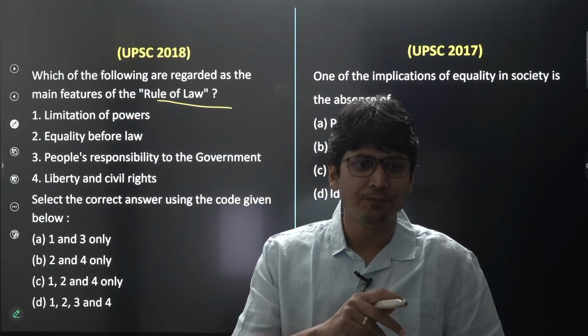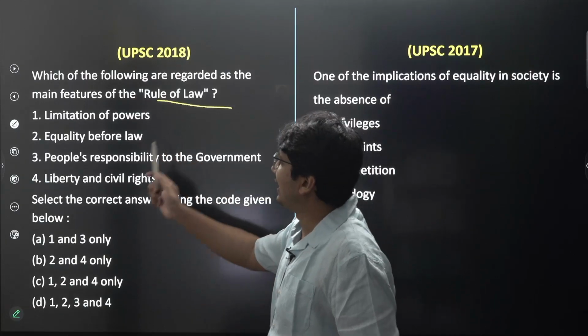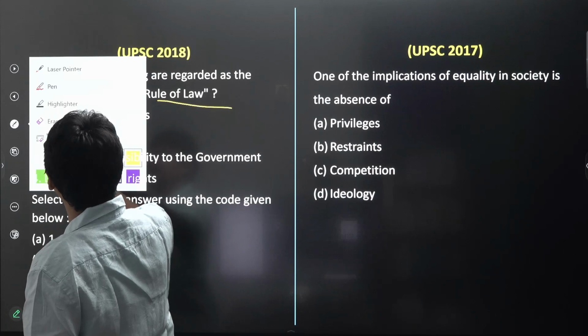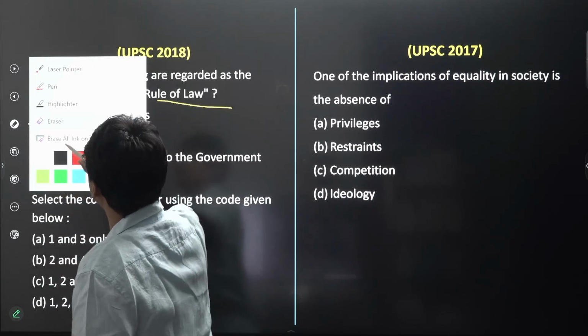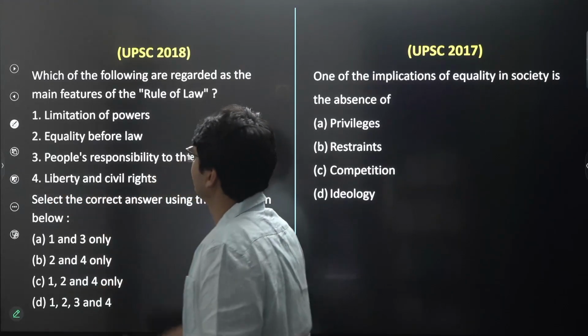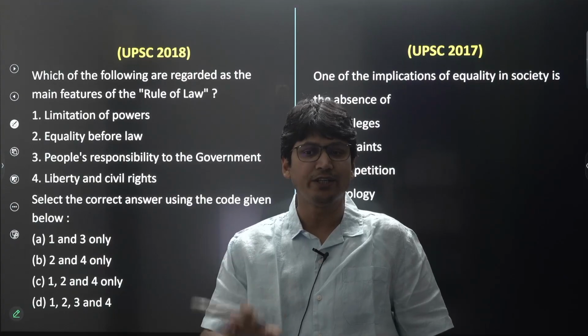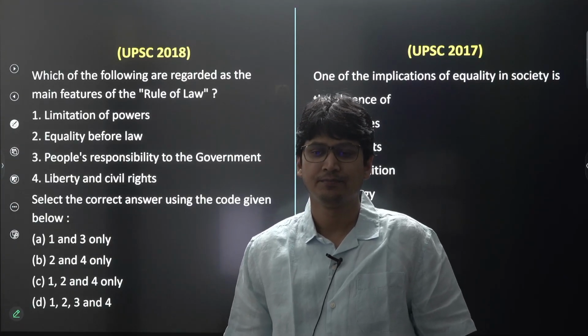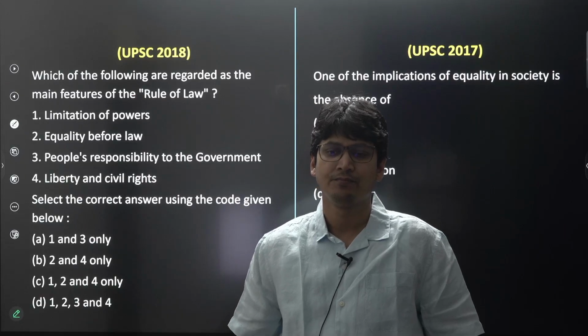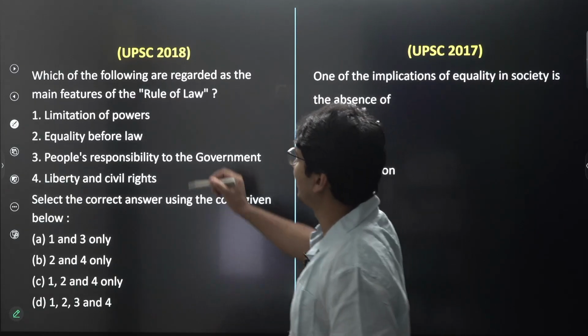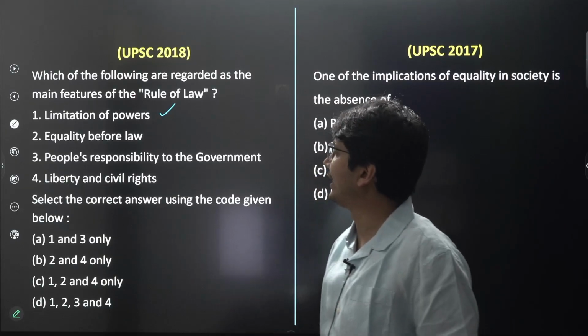So rule of law, can we at least say there is limitation on power? All of you agree for the first point? Correct. First is correct. Second, equality before the law.